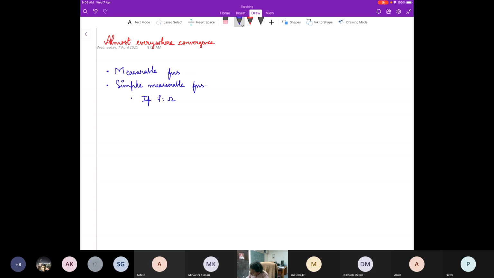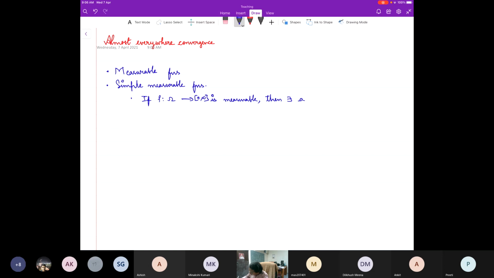So if omega to r bar is measurable, that means Borel measurable, then there exists a sequence. In fact, not just r bar, but in fact it is 0 to infinity.